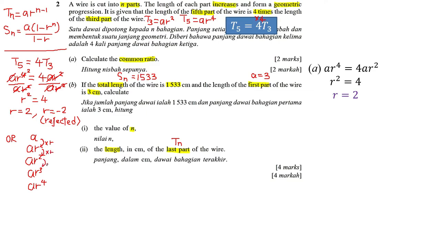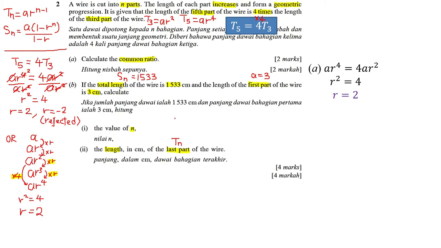Third term to fourth term, multiply with r. Fourth term to fifth term, multiply with r. Fifth term is 4 times the third term. So it means that from the third term to the fifth term, you times 4. Times r twice here has the same meaning as times 4. So with this, we can make the conclusion r^2 is equal to 4. That will give us our answer r equals 2.